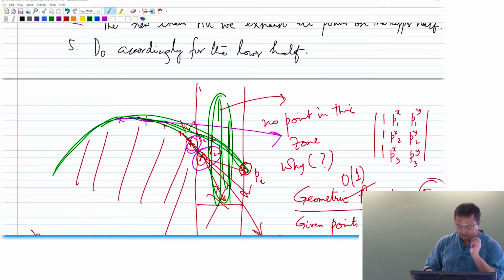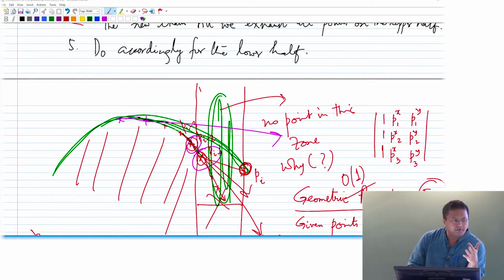When I am doing this business, when I encounter this point P i and I go back through this chain dropping many points, in the worst case I might even drop close to a linear number of points, a fraction of n points, and this might happen many times.